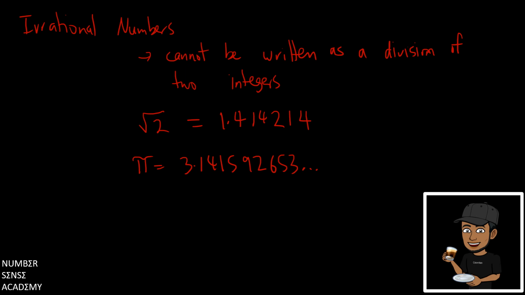And we don't know what two numbers, when we divide, give us pi. Now, because this number goes on, sometimes they approximate pi to be equal to 22 over 7, but that's not true. We don't know that for a fact.